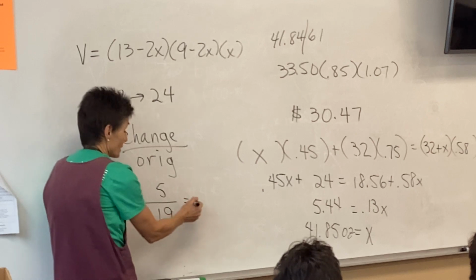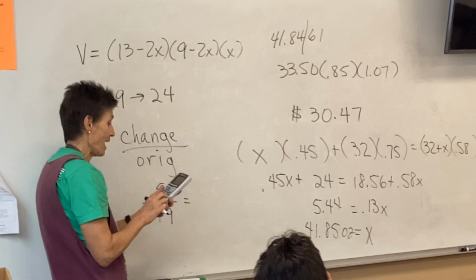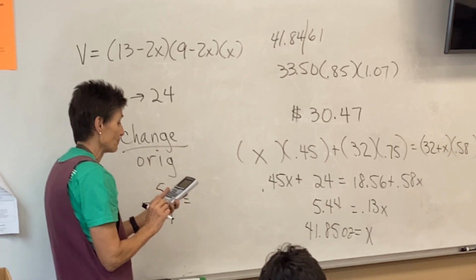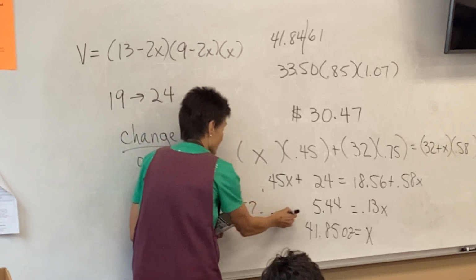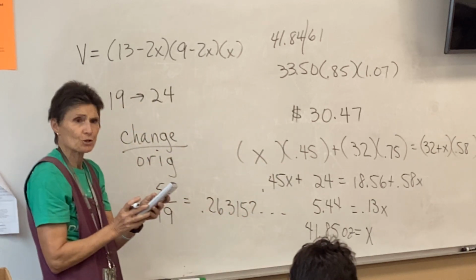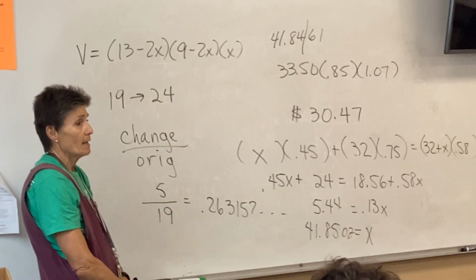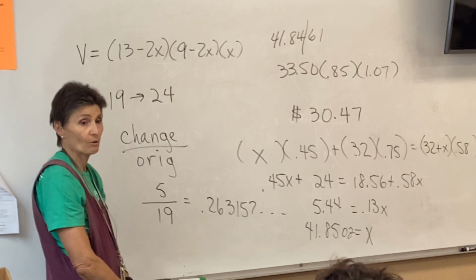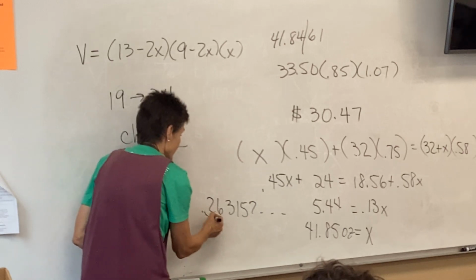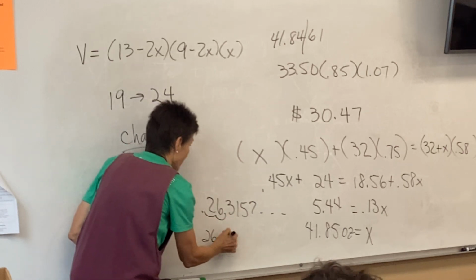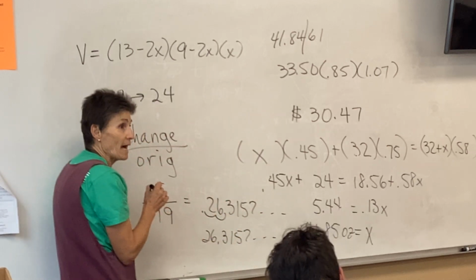Okay, so let's make sure we get this in here. 5 divided by 19. This is what the calculator comes up with. We're going to write that as a percent, and round off to the nearest hundredth. So as a percent, it's 26.3157, and so on.